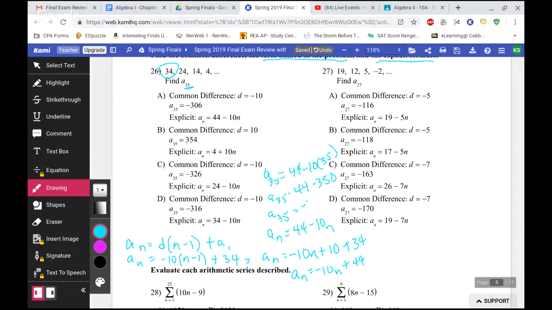Thank you. Hey, Miss Sparks. I was kind of confused on these two types of problems because I forgot totally how to do them. So what is the formula? Is there multiple formulas for these, or is there just one formula? Well, there's multiple. There's an arithmetic sequence formula, and there's an arithmetic series formula.